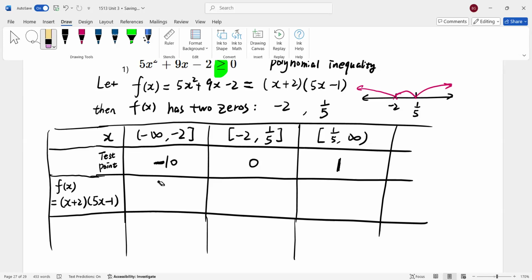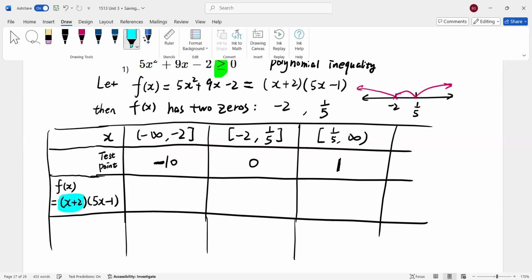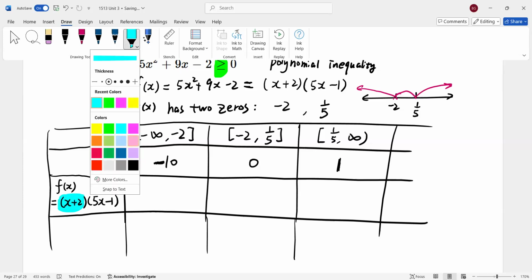The reason we use the factored form is because there's a benefit, okay? Let me explain why. What's the benefit? I'm going to color the two factors in two different colors. This one is blue, and the other one, maybe let's use yellow.